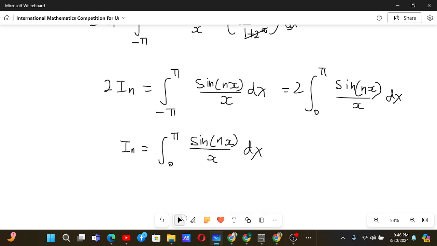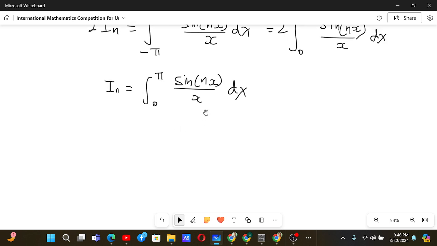Now, just like I did in my previous video, with these trigonometric things we can try to use recursion, and try the sum or difference of, let's say, I of n plus 1 and I of n minus 1.